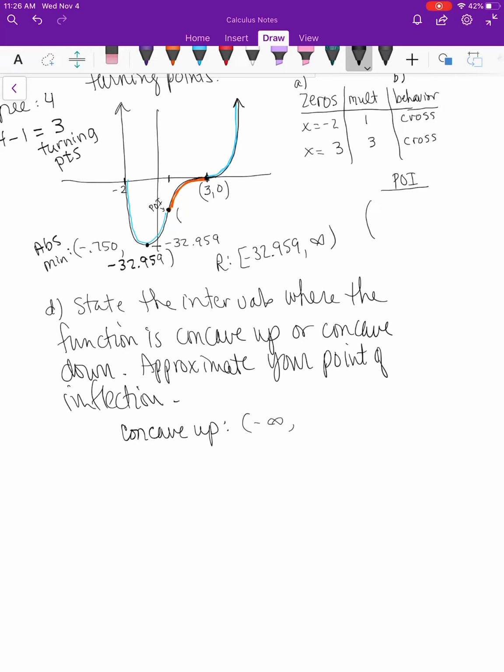We are going to add our x's, 3, and since adding a negative is minus, divided by 2, and then we are going to add our y's and divide by 2.